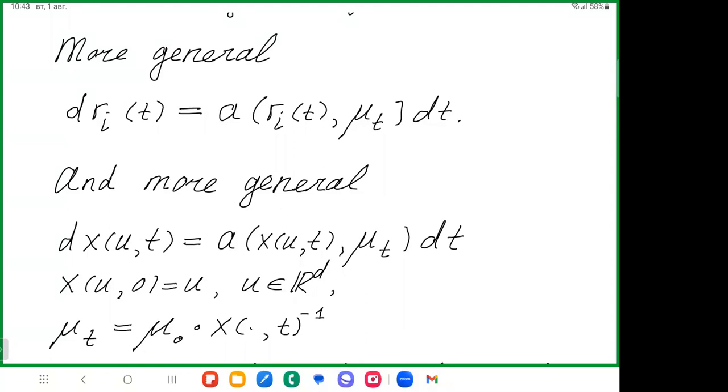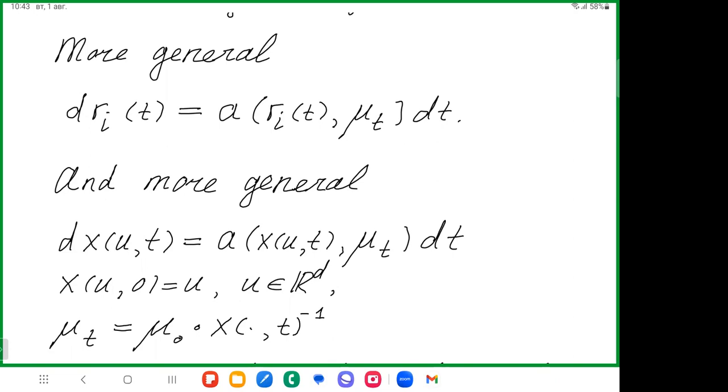So this Cauchy problem, which you see on the slide, is the Cauchy problem simultaneously for the measure-valued function mu t and for the mapping x t. And this mapping, by the way, moves the initial mass distribution to the mass distribution mu t.